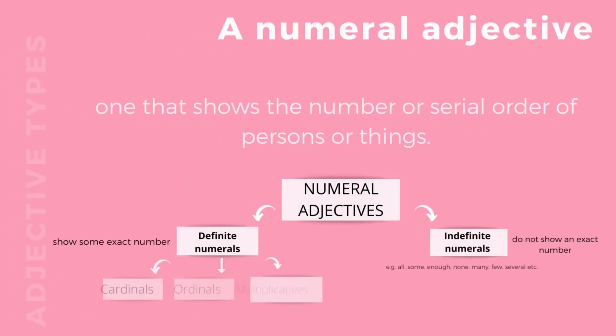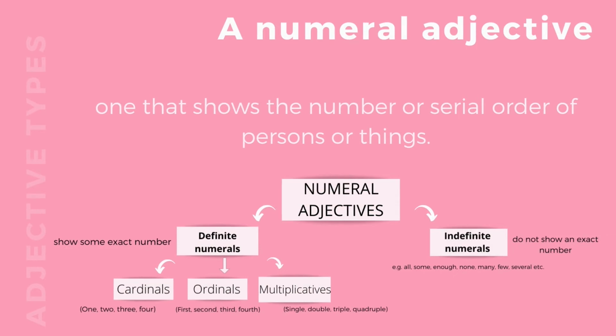Next we have a numeral adjective. A numeral adjective is the one that shows the number or serial order of persons or things. They are further divided into two main classes. Definite numerals show some exact number. They are of three kinds. Cardinals, that is 1, 2, 3, 4, etc. Ordinals, that is first, second, third, fourth, and so on.